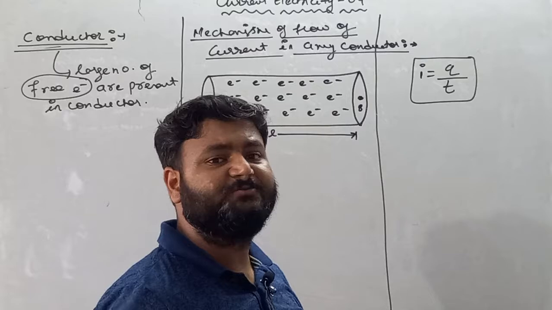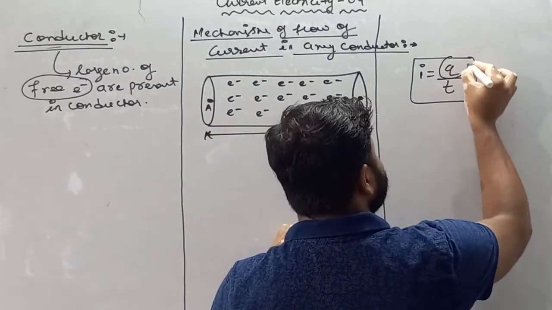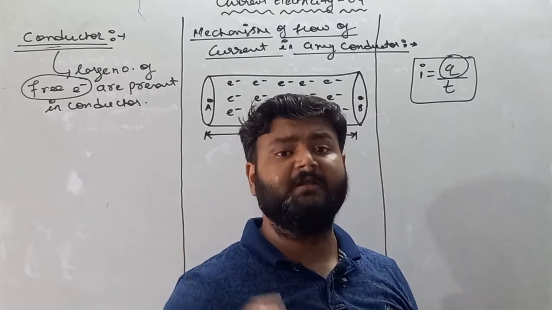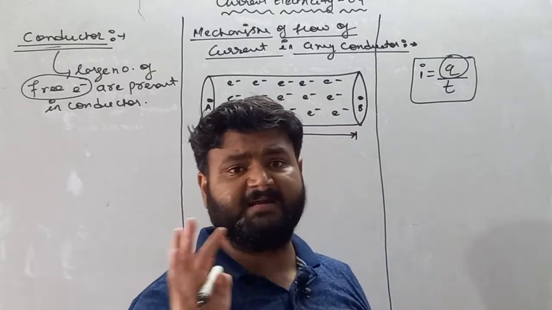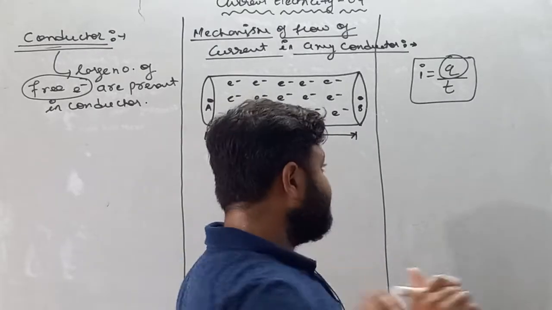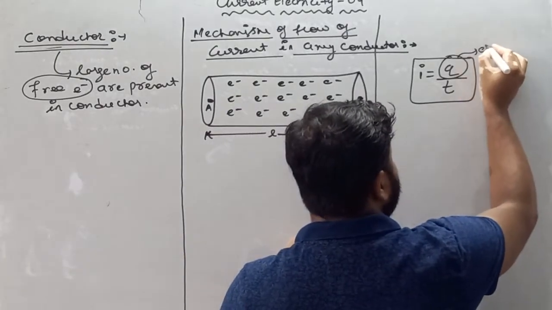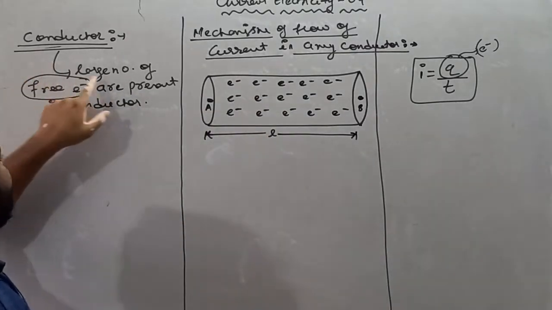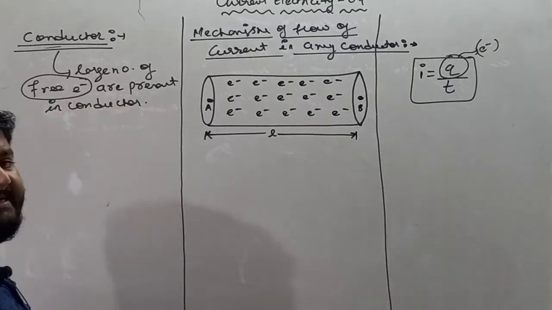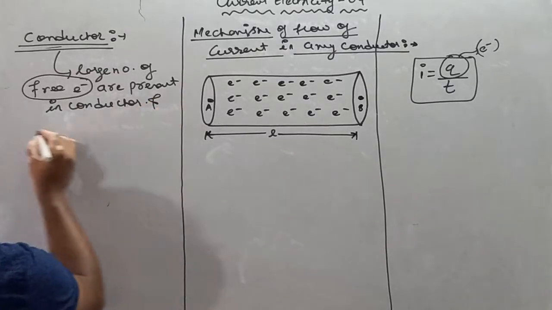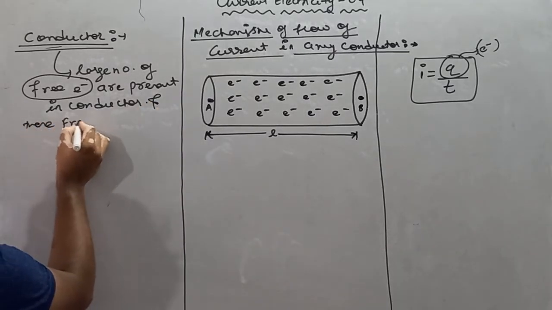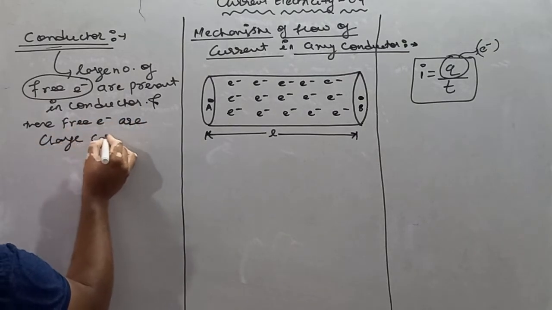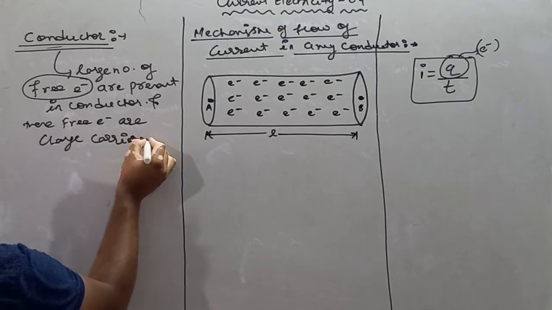And remember, my dear student, charge is of two types. One is electron and the other is proton. So which type of charge are we talking about in a conductor? Basically the flow of charge is always electrons. So as I'll write, a large number of free electrons are present in a conductor, and these free electrons are charge carriers.